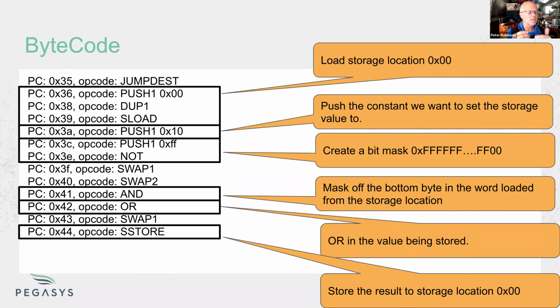And then it loads up FF and does NOT. So that'll end up giving you 0xFFFF with 0 0 at the bottom. So essentially a mask, which you then AND with the current value in that storage location, and then OR in the value that you want to put there, and then you store it. Because it's only one byte, you're masking it in.